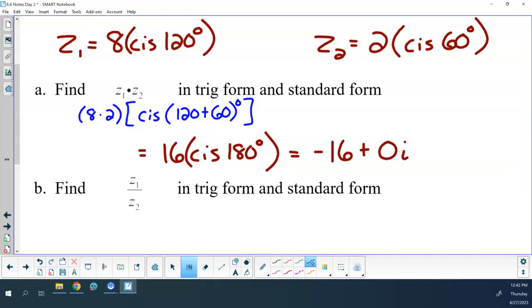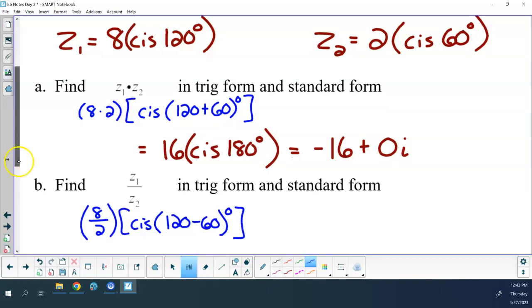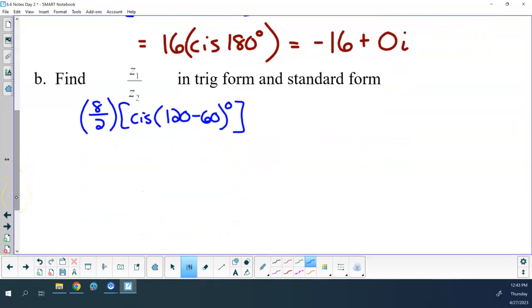Dividing now, I divide the R values and I subtract in order the theta values. So then that is going to be 4 CIS of 60 degrees.